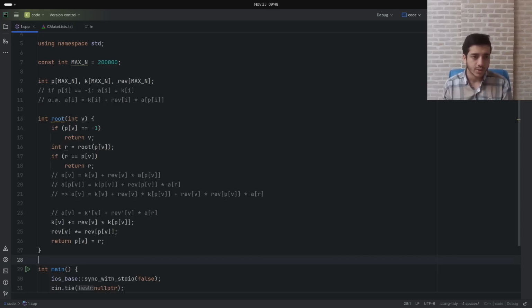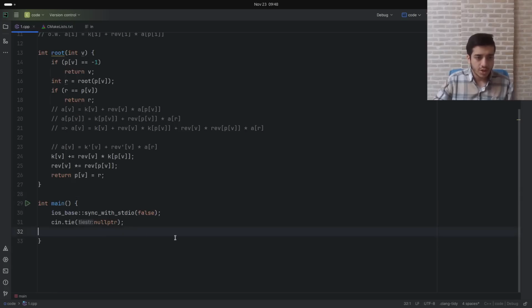We found that the remaining part is much easier.